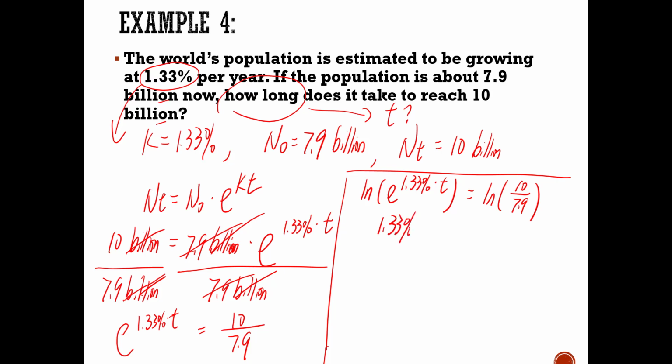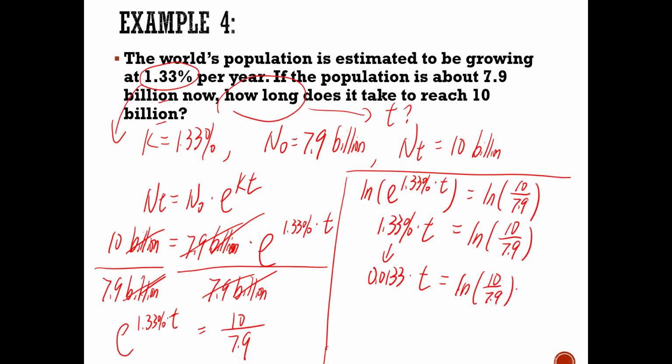We end up with 1.33% t on the left, and ln of 10 over 7.9 on the right. Now the very last thing, you want to turn the 1.33% into a decimal number, 0.0133. Then dividing 0.0133 from both sides of the equation, cancel that. T is by itself.